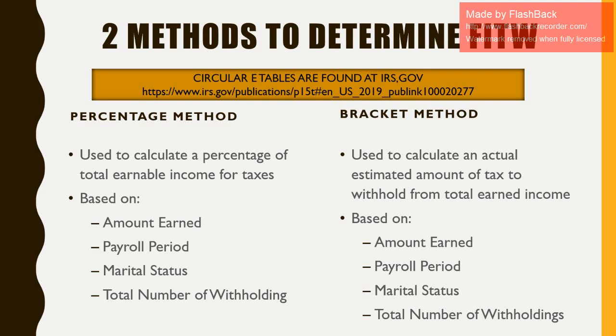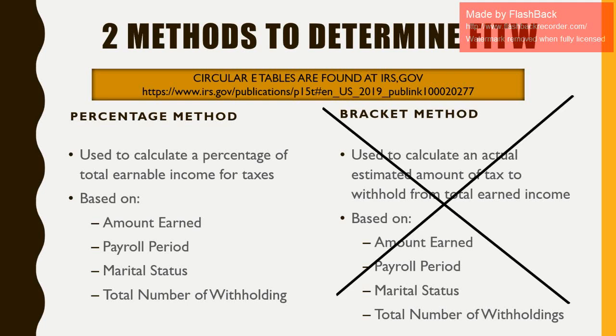The only thing that's really different is the bracket method is going to be based on the actual number that you earn, where the percentage method is going to be a group of numbers. But I will not go over the bracket method because it's actually more complicated. The preferred one is going to be the percentage method.